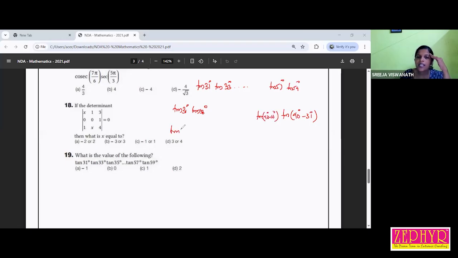So here tan 31, tan 33, and so on; here it is cot 33, cot 31. From the middle we can change to cot. So every term is cancelled, and we get 1. Final answer, that is 1. Next question.